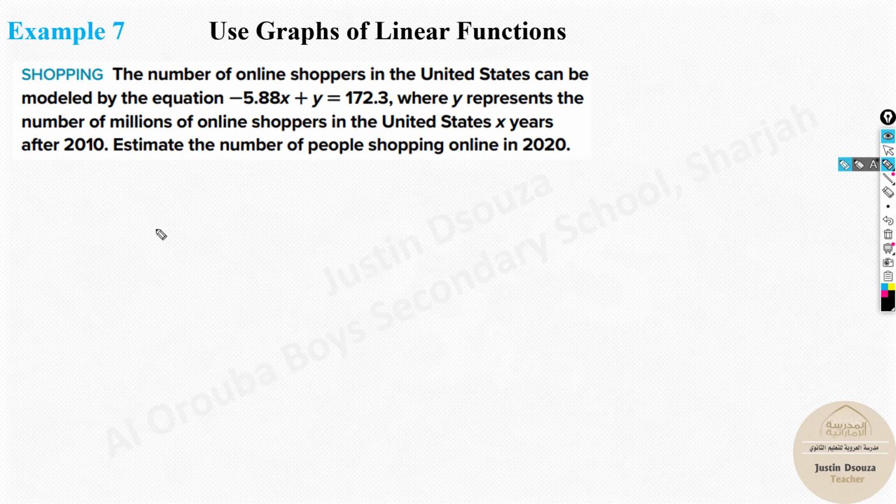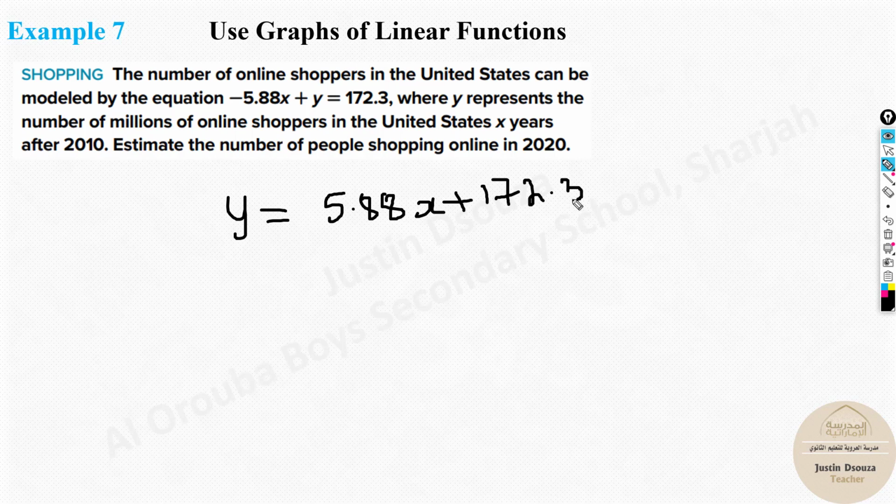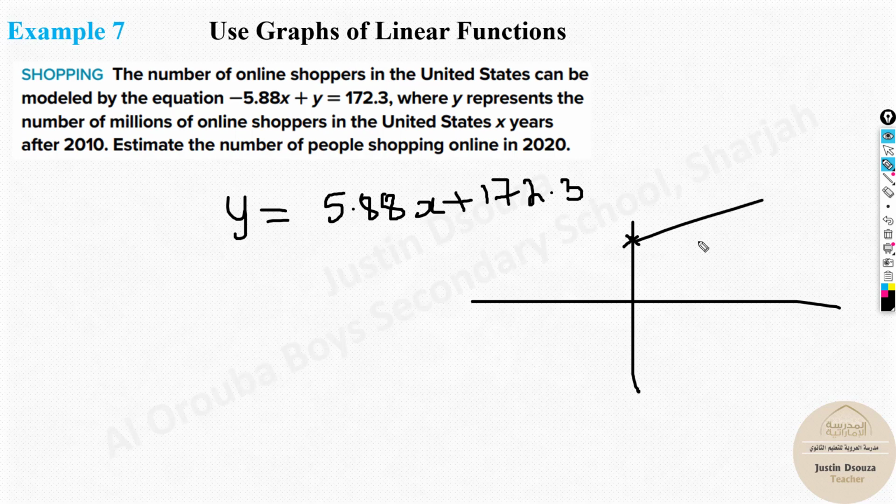If you want to graph, they've not asked to graph, but anyways, we can graph it. You can write it in slope-intercept form. Y equals, it goes to the other side, 5.88x plus 172.3. Now here, if you're graphing this, the y-intercept over here is 172.3, and then you should just draw a straight line like this.